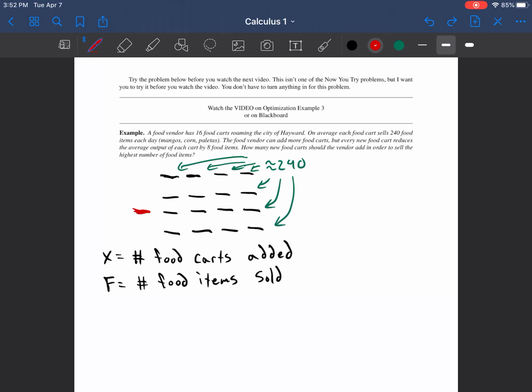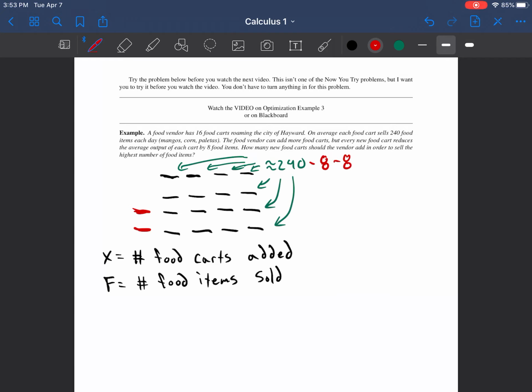For each new food cart that I add, I'm subtracting 8 from the sales of each cart. So if there are more food carts in the city, then individually each cart sells a little bit less. Every time I add a new cart, I subtract 8 from the average sales of each individual cart. If I add 1 cart, I subtract 8. If I add another cart, I subtract another 8 from the average.